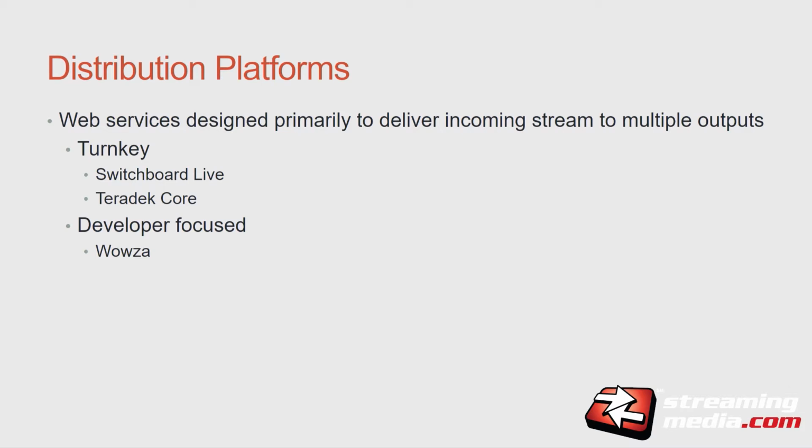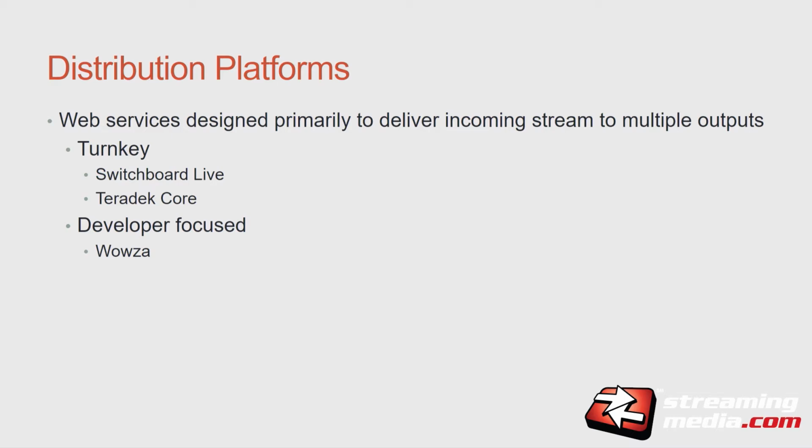Okay, so the next category we're going to talk about are distribution platforms. And now we're moving to a category that was pretty much designed to accomplish what it is you guys were here to figure out how to accomplish, which is to take a single stream in and distribute it to multiple platforms.